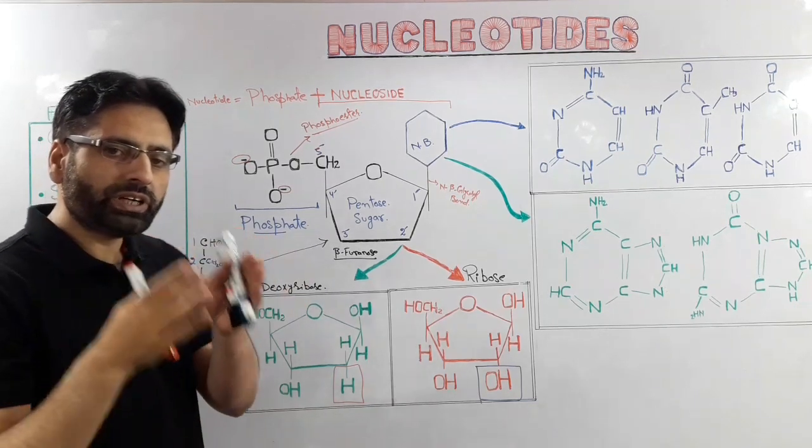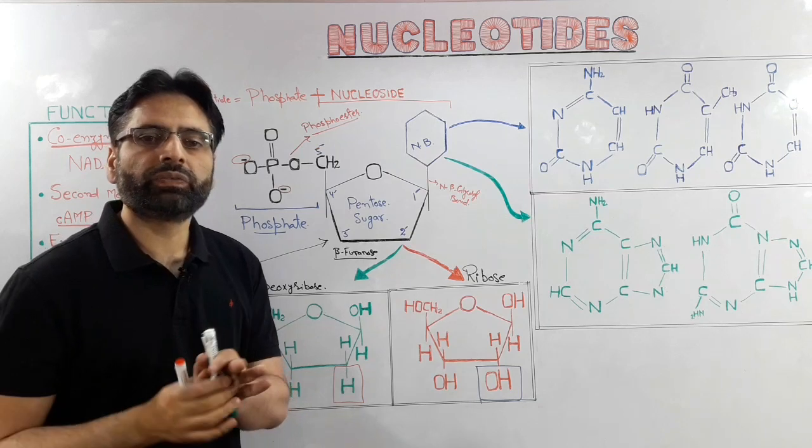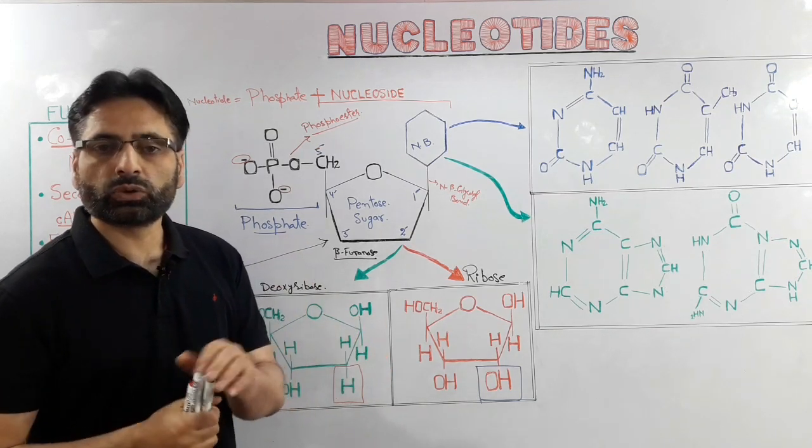That is, we have 3 components attached with each other through different bonds. One is the phosphoester bond and another is the glycosyl bond.